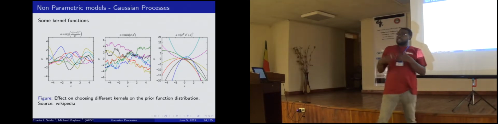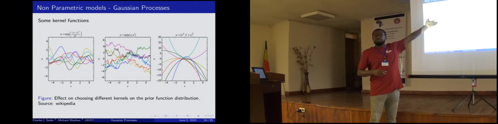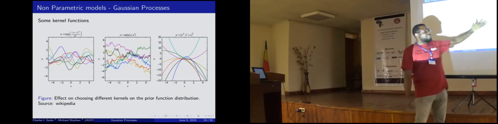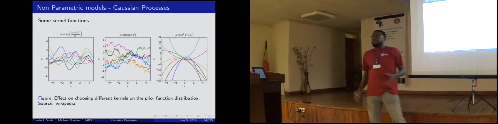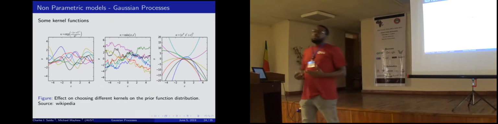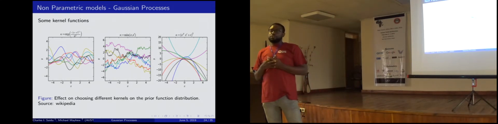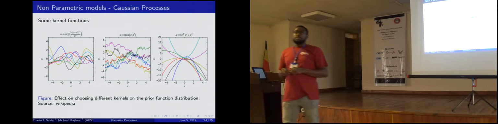If you think it behaves in this form, you might want to pick this exponential kernel function. And if you think it behaves this way, you might want to pick that, all right? So basically what I'm trying to say is you need to have prior knowledge of how you think your functions will behave, and that will guide the selection of your covariance function.